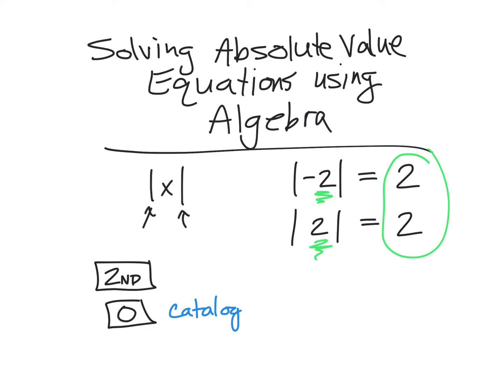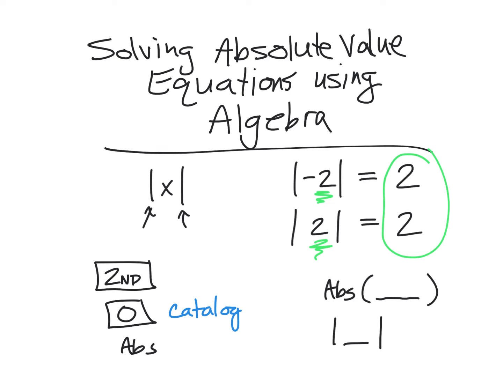Well, the first one that pops up there is ABS, which stands for absolute value. If you have an old calculator, when you pick this, if you press enter, it's going to bring ABS parenthesis, and then you type in whatever you want in the parenthesis. If you have a newer calculator and you choose ABS, it's just going to pull up the absolute value bar and then ask you to type in whatever you need inside the absolute value bar. So that's where you find it on the calculator.